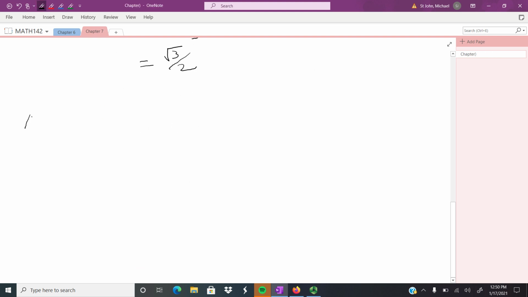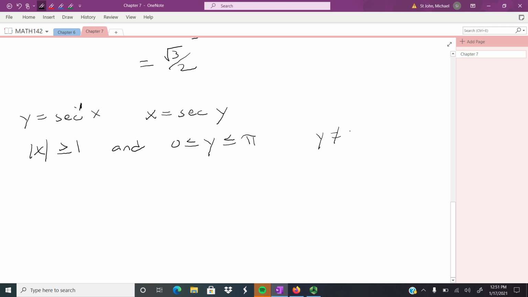And so y equals inverse secant of x. And so x is going to equal secant y. And so the absolute value of x is now going to be greater than or equal to 1. And my y value is in between 0 and pi. And y cannot be pi/2. Next one is cosecant.